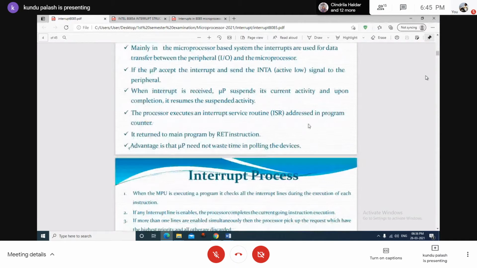After returning, when the program counter is updated with the return address, it will start executing instructions in the normal way. That is called the interrupt process for a microprocessor.